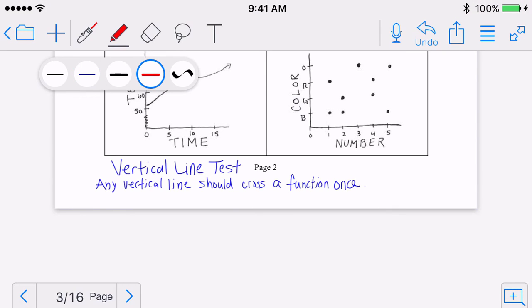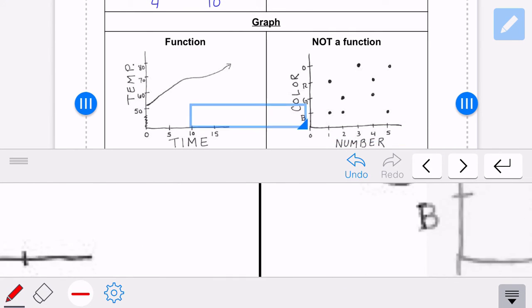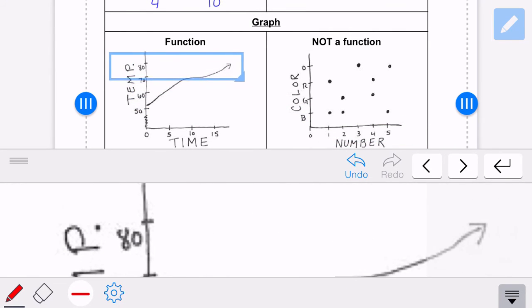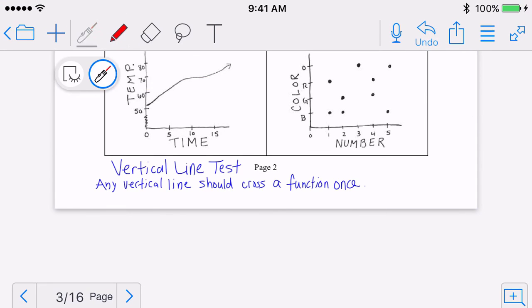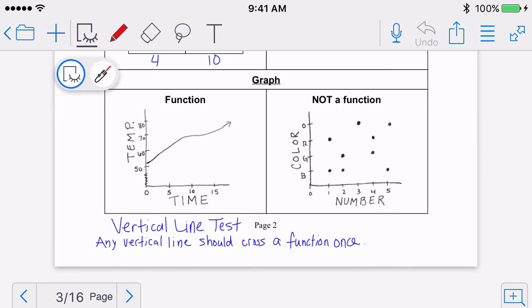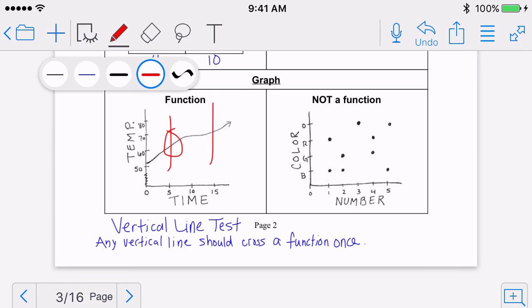So what I mean by that is, taking a look up here at our actual picture of our function, I'm going to put this down and scroll up a little bit. There we go. If I draw a vertical line through it and it cuts through my function, it only hits it in one spot. I can do that anywhere, and it's only going to intersect my function at one spot.